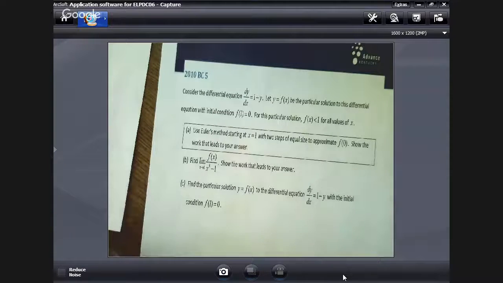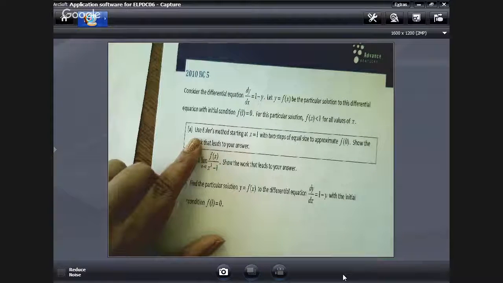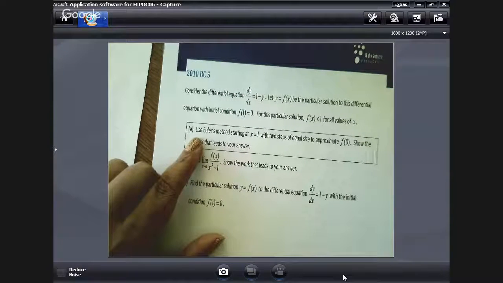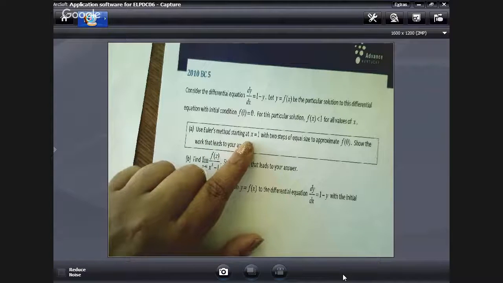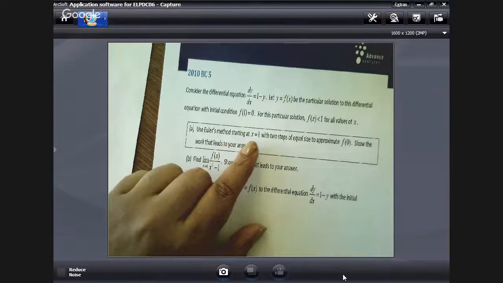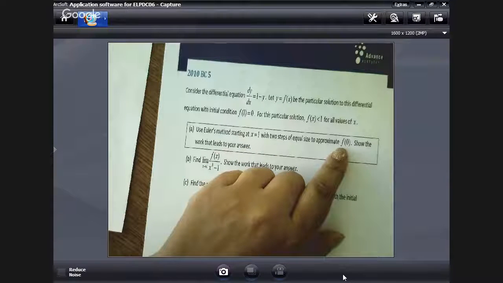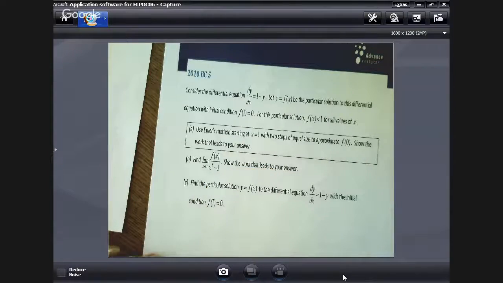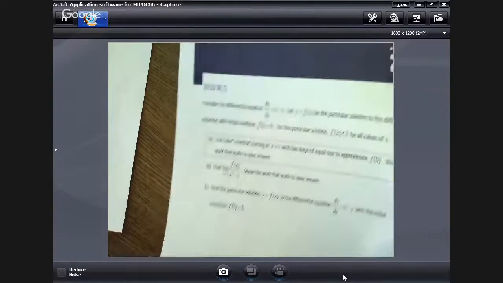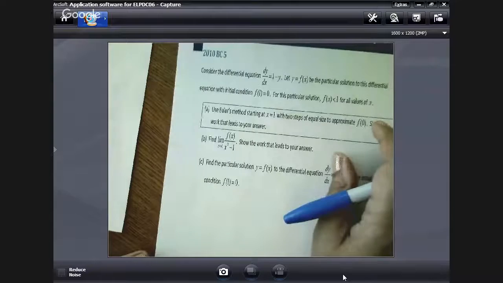That f of 1 is equal to 0. And in part A, the only part we're going to be worried about right now, we want to use Euler's method starting at 1 and go 2 equal steps to approximate f of 0. Notice we're going backwards. So that's an important note as we use Euler's method to solve this problem.